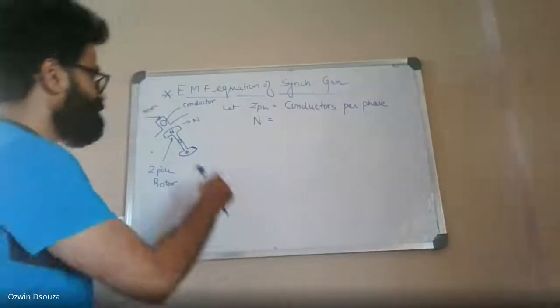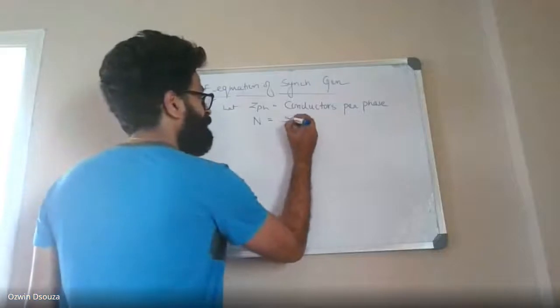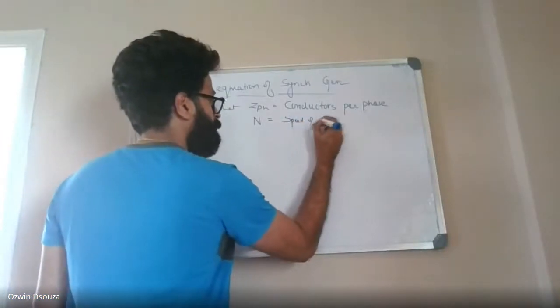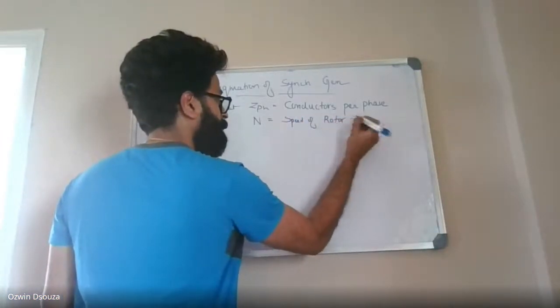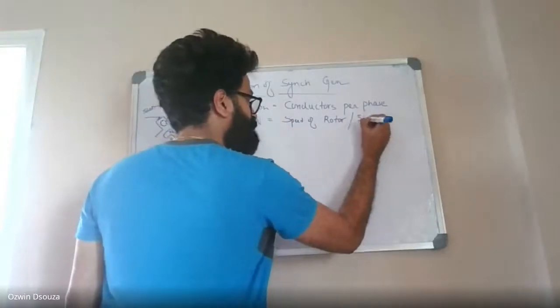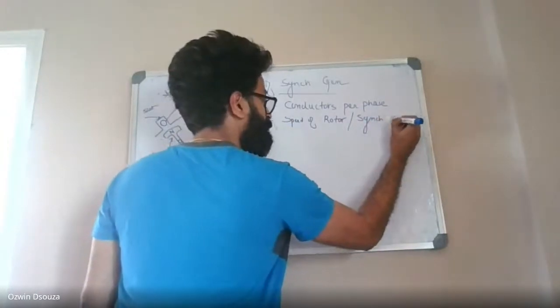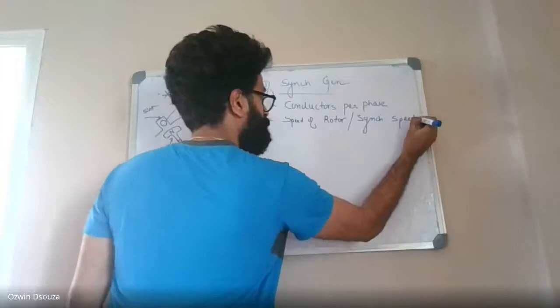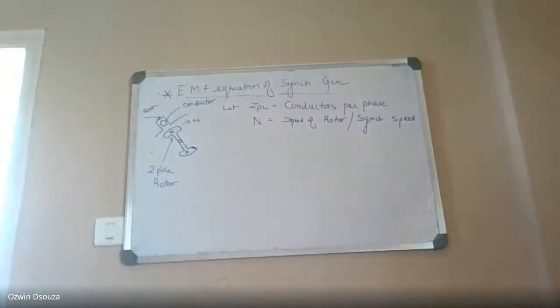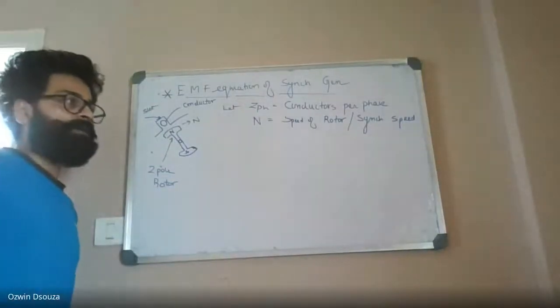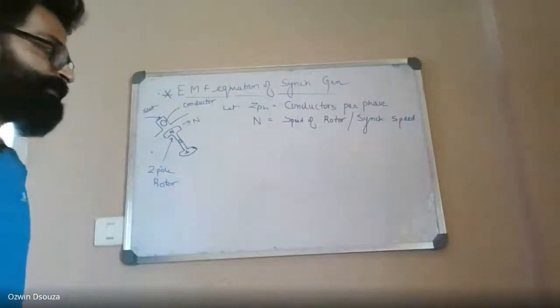So let n be the speed of rotor. You can also call it synchronous speed. Why synchronous speed? I have already told you, because the rotor always runs at a fixed speed.